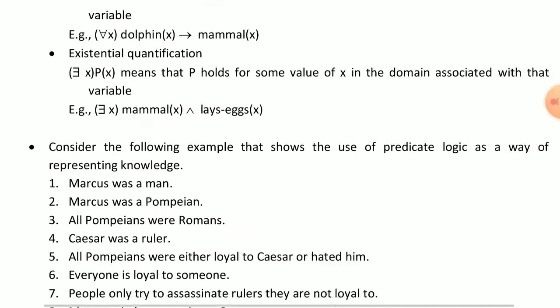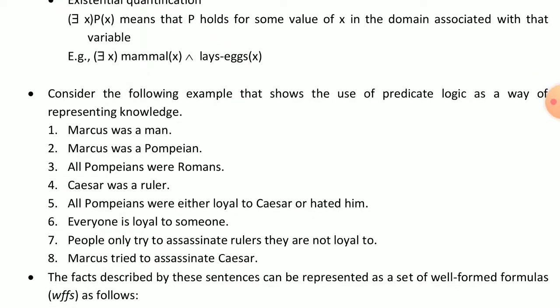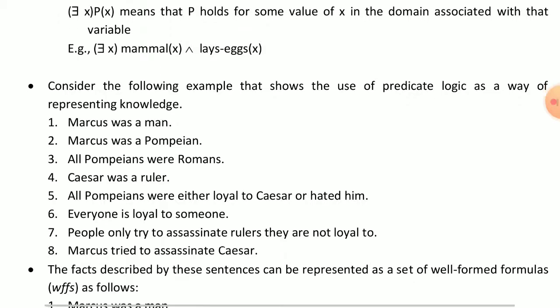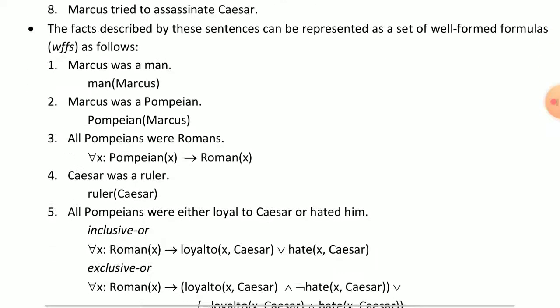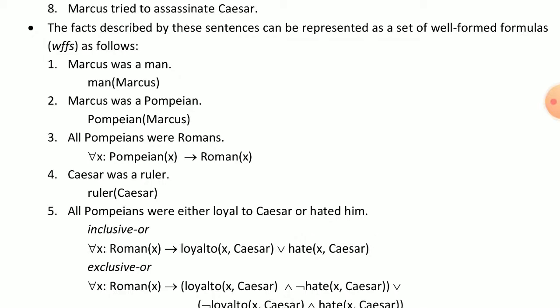In quantifiers we considered one example. In this example eight different sentences are given, and we can use different ways of knowledge representation as predicate logic and write these sentences like this.